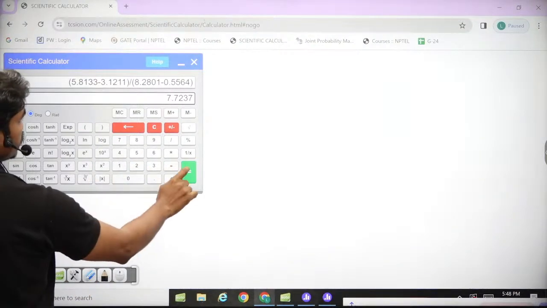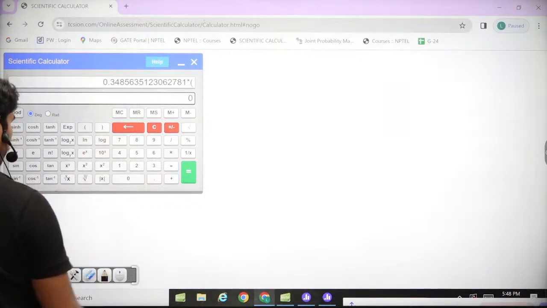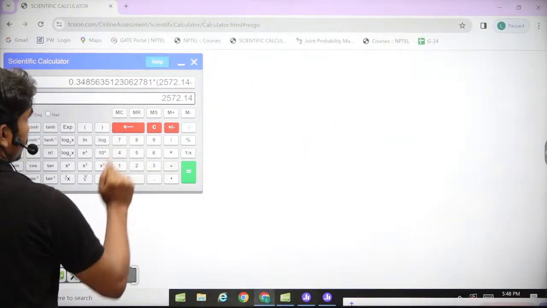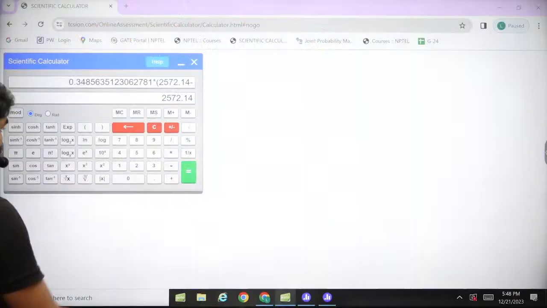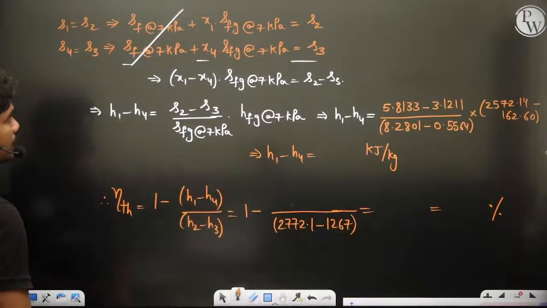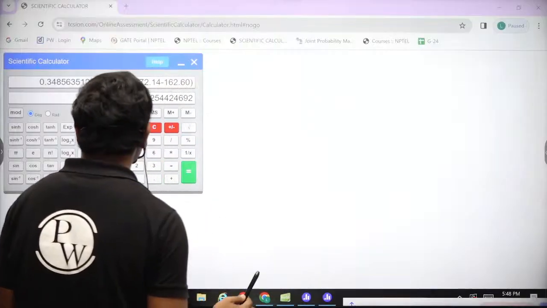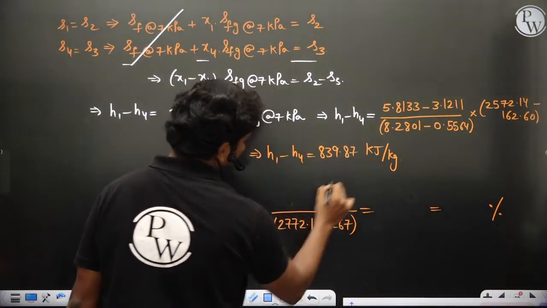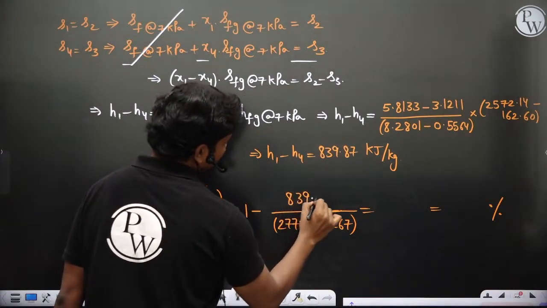This total value is multiplied with 2572.14 minus 162.60, which gives 839.87.